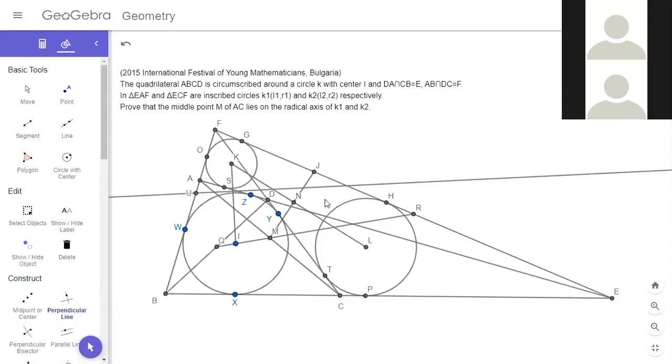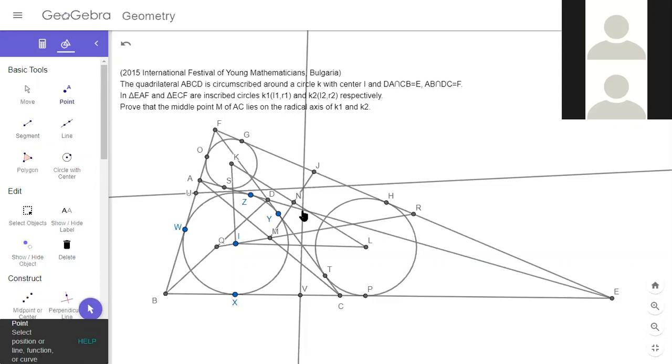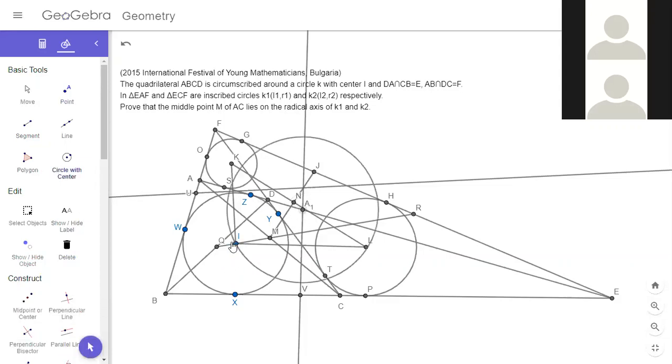But let me see what the radical center is of the three circles. So that might tell us something. So it's this point right here. That feels kind of random. Is that like the circumcenter? Actually, it's not the point.